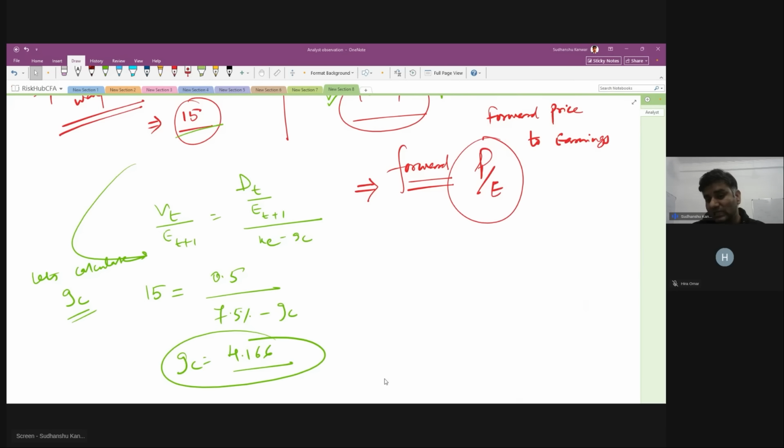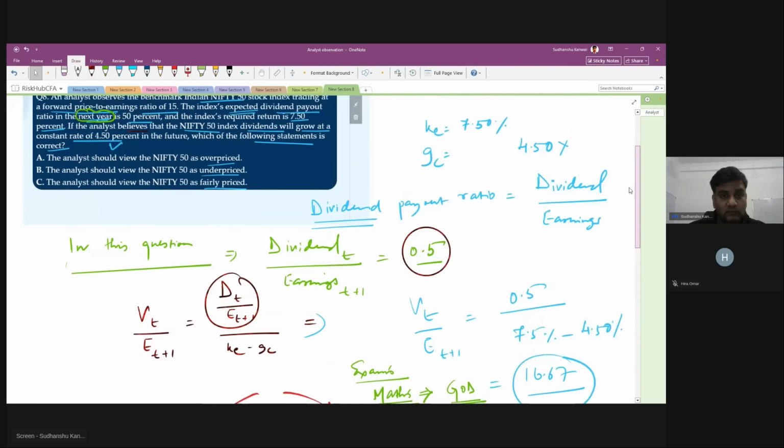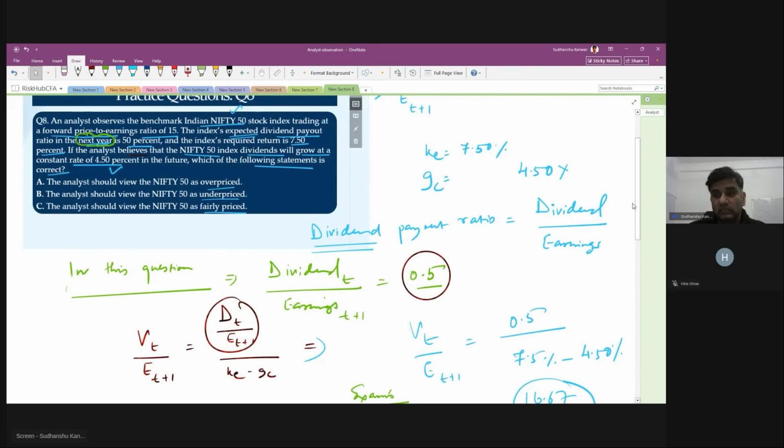If I put in 15 and solve for G, that yields a result of 4.1667. The analyst is saying there is higher Nifty dividend growth, if you do the calculation. So the GC which came out from 15 was the analyst observation.